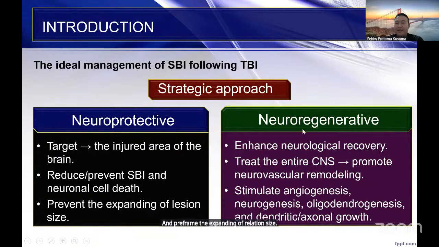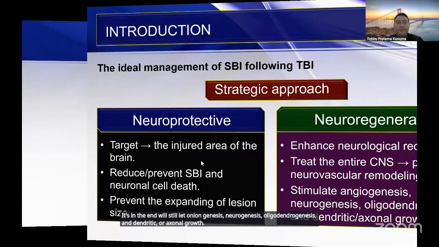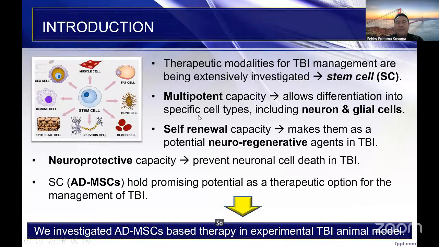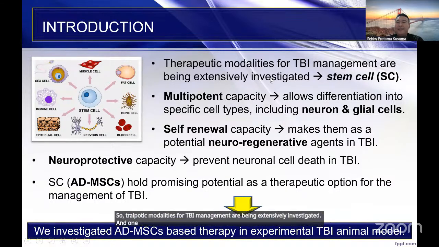The second one is the neuroregenerative approach, which is expected to enhance neurological recovery, treat the entire CNS, and promote neurovascular remodeling, which in the end will stimulate angiogenesis, neurogenesis, oligodendrogenesis, and dendritic or axonal growth. Therapeutic modalities for TBI management are being extensively investigated, and one of them is stem cells.